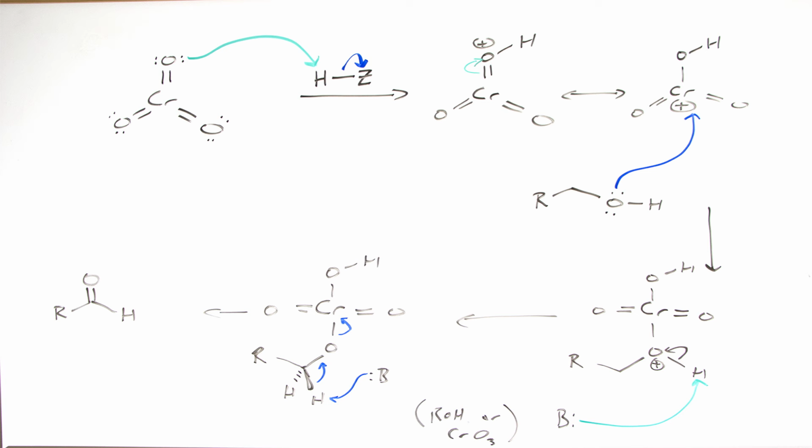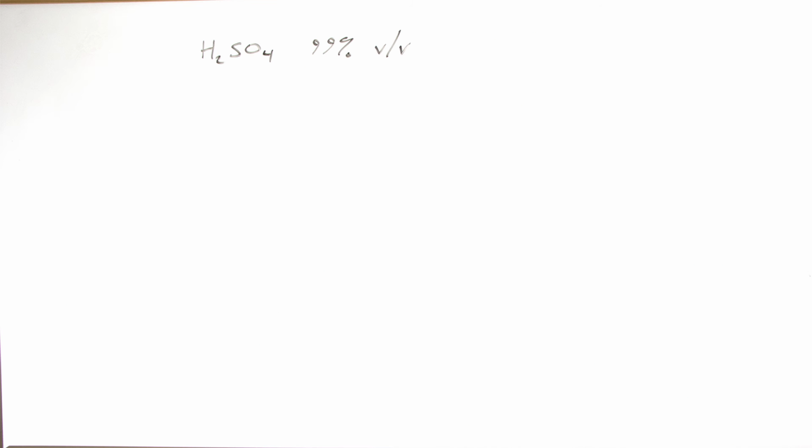Well, chromium trioxide is an orange solid. Sulfuric acid is a viscous clear liquid. And your alcohol goes in place, and that's it. Sort of. Sulfuric acid, if you read the bottle, concentrated form, will say something like this.